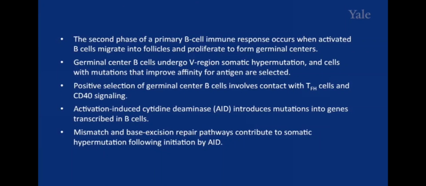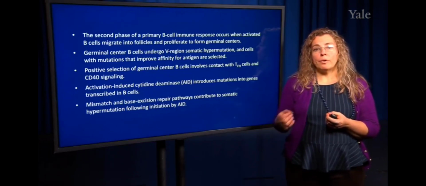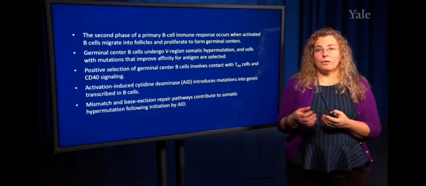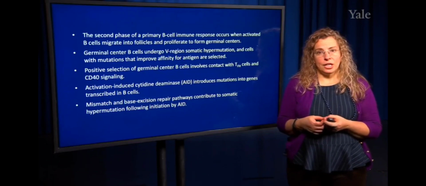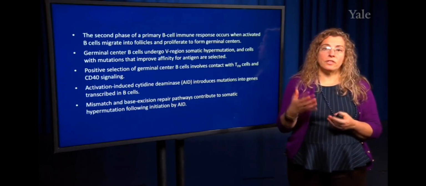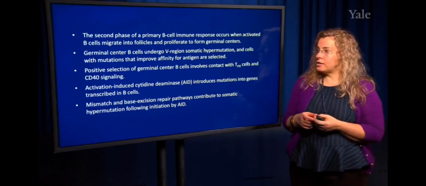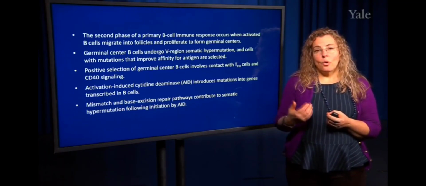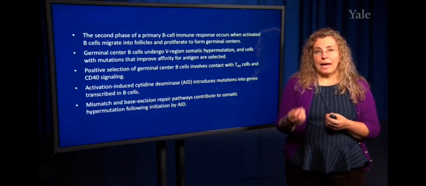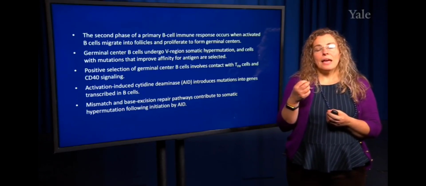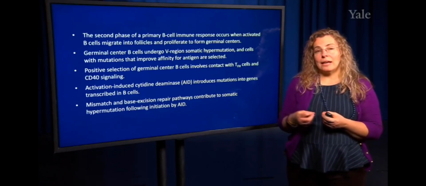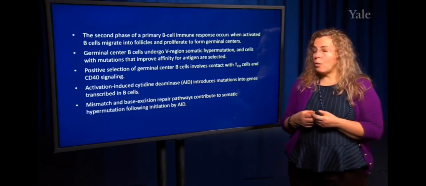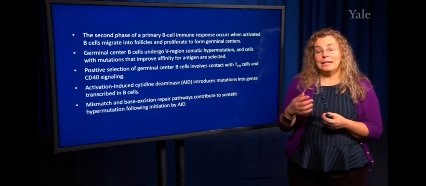So remember in a previous lecture you learned about VDJ recombination and how that gave specificity for one particular antigen. Now that B cell is going to try to perfect that antibody so that it can bind even more strongly to that one particular antigen. And it does this through a mutation process.